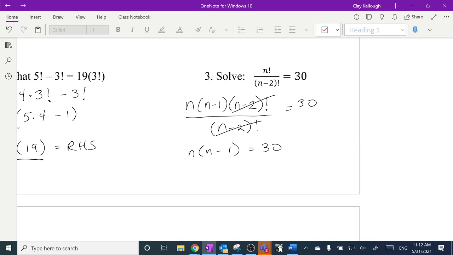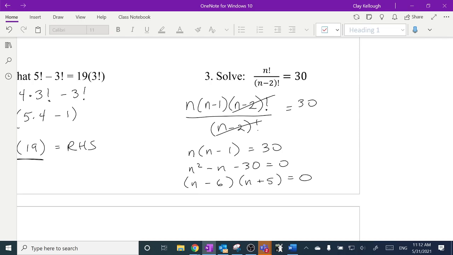So feel free to guess and check. A number times a number 1 smaller is 30. It's got to be 6 and 5, right? Let's say you didn't know that. Let's say that the numbers are too big for you to play with that way. You could, of course, solve it using factoring. And then, of course, you'd get n minus 6, n plus 5.